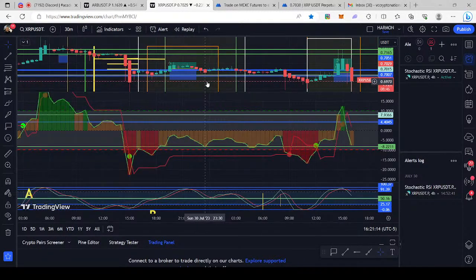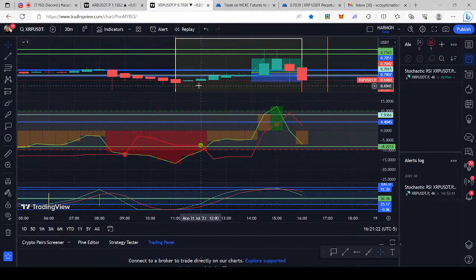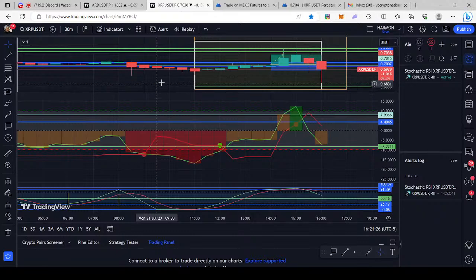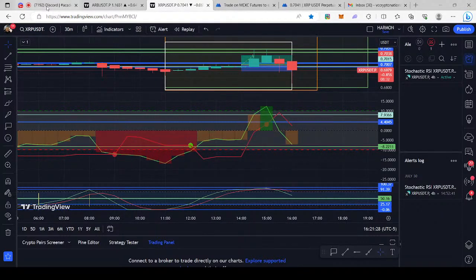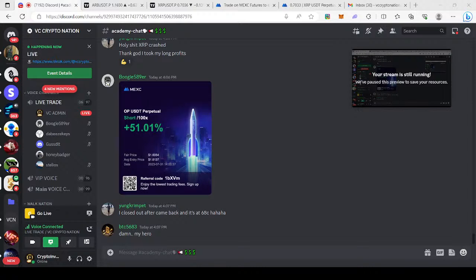So before you can go long, you need a 1 hour green moon with positive value on the 30, right, Boog? So the original, yeah, for sure. Let me pull up the trades here.